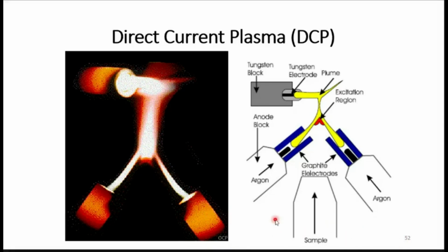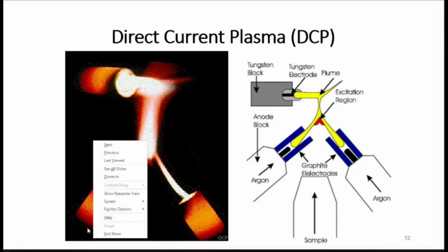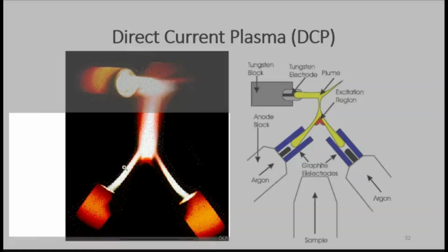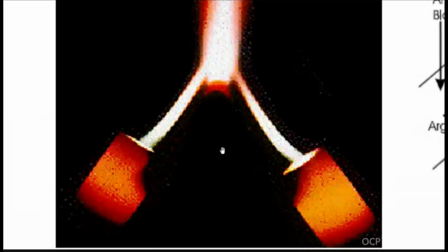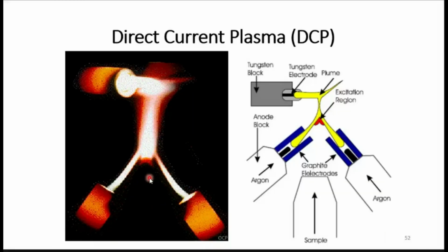I hope you can see a shadow in there. The tip of that probe is visible. That is a capillary from which sample is introduced in this plasma.